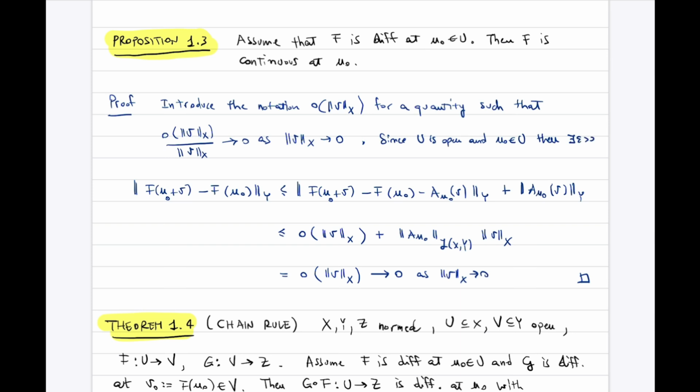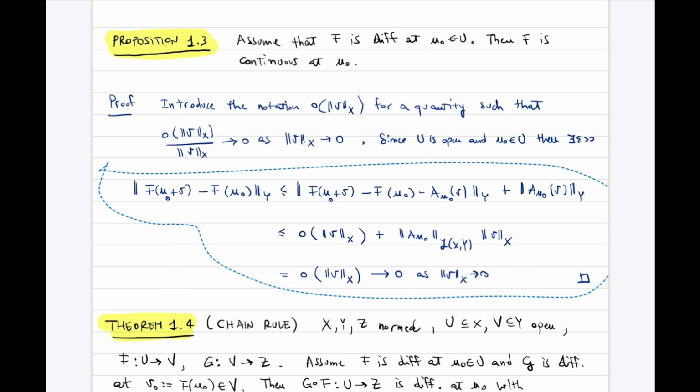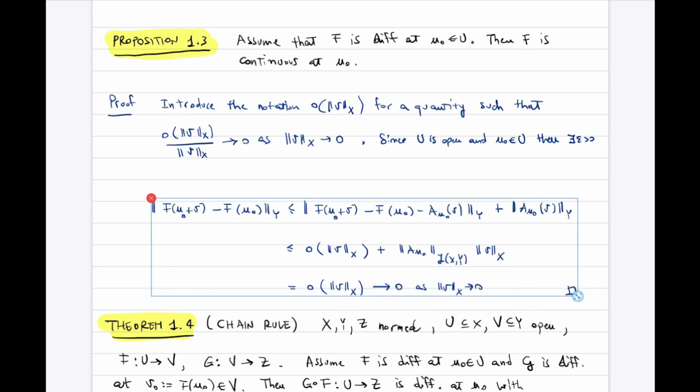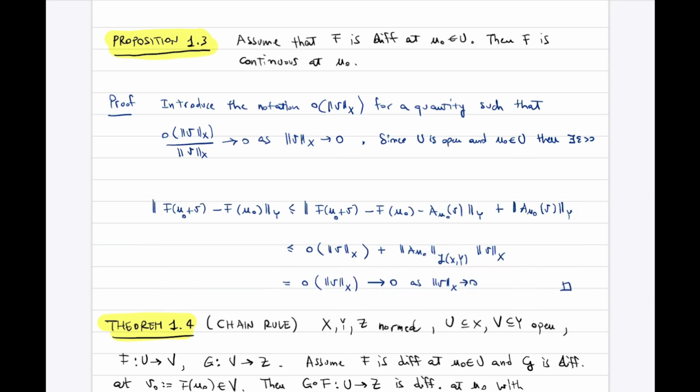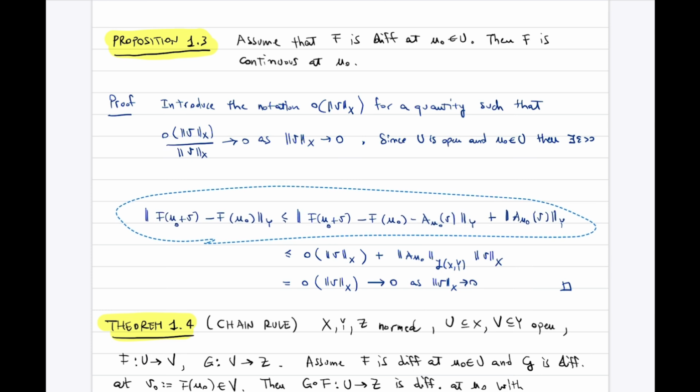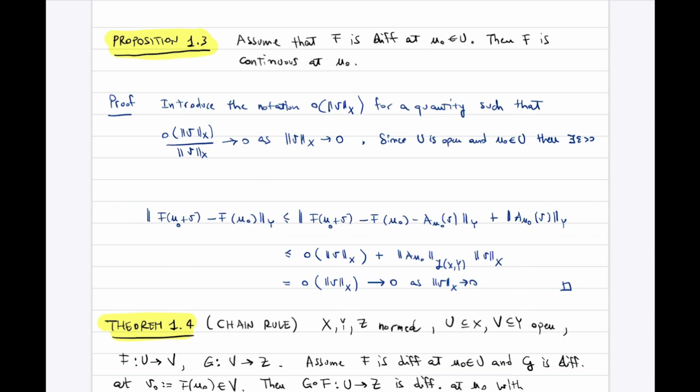So there exists some small radius epsilon greater than 0 such that the ball of radius epsilon centered at u0 is contained entirely in U. And then let's just take v in this ball.